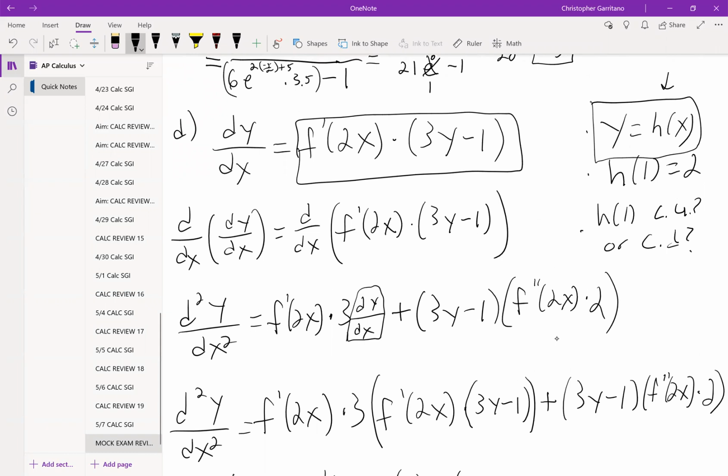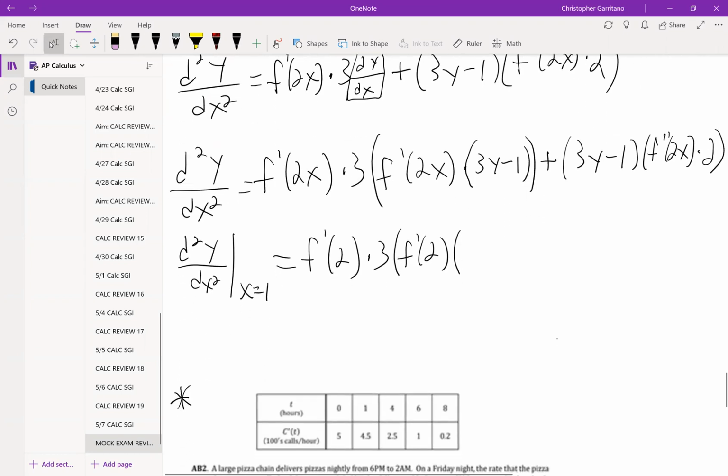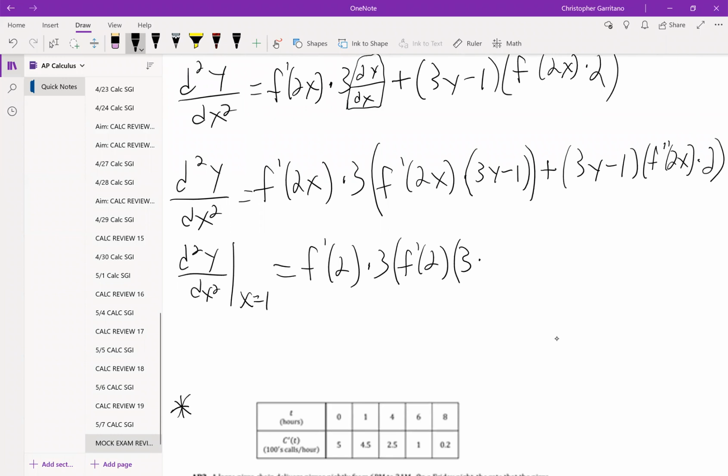And so when we're plugging 1 in for x, we have h of 1, and we're told that h of 1 is equal to 2. So that's where that information comes in. So we have 3 times 2 minus 1 plus, same thing, 3 times 2 minus 1 times f double prime of 2 times 2.